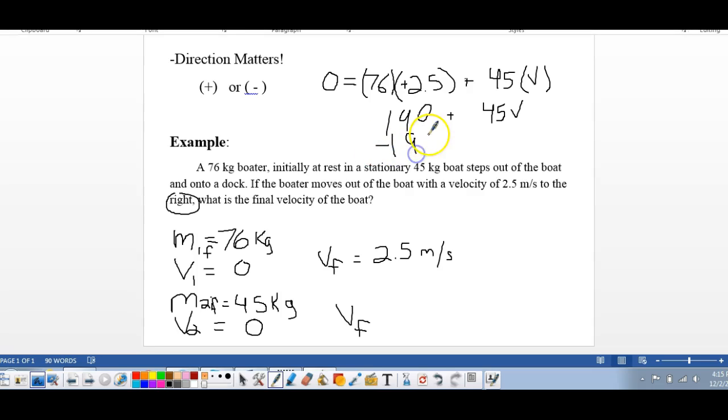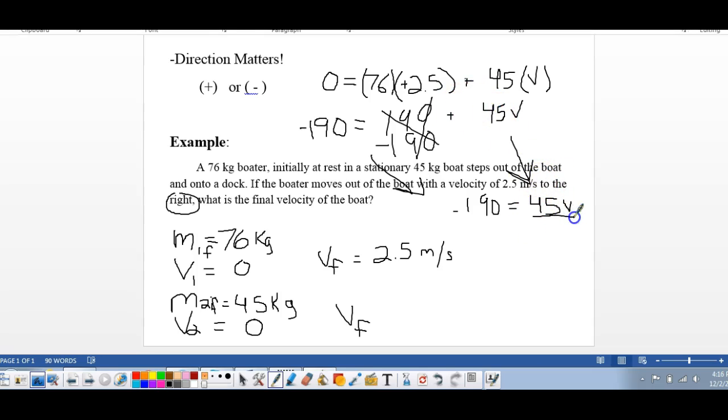This will cancel, and then that's going to be equal to 0, but then we're going to have minus 190 on this side. You might say, oh no, negative, how's that going to work? I'll show you in a minute. Okay, so then this all comes down here. We end up with negative 190 equals 45V. And then that's just a positive, won't worry about that.